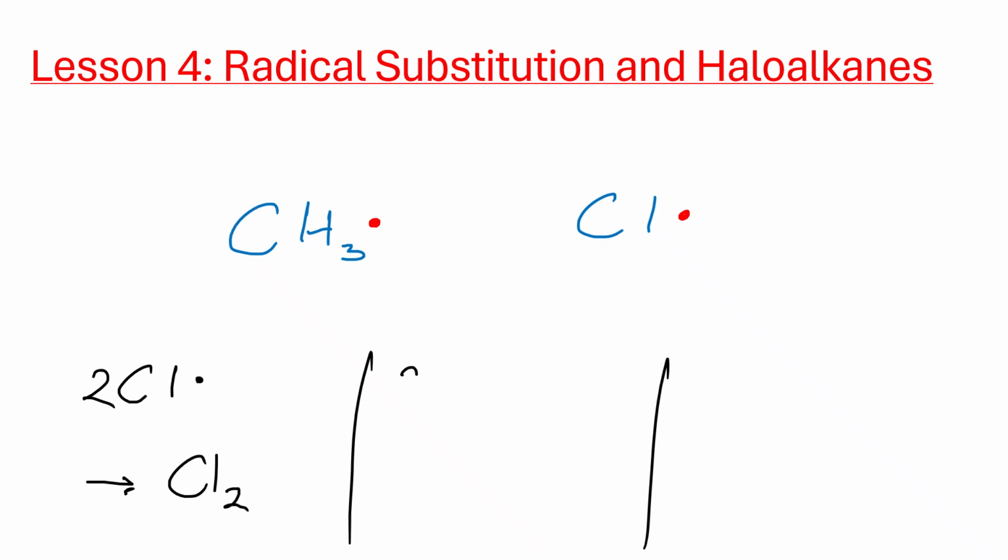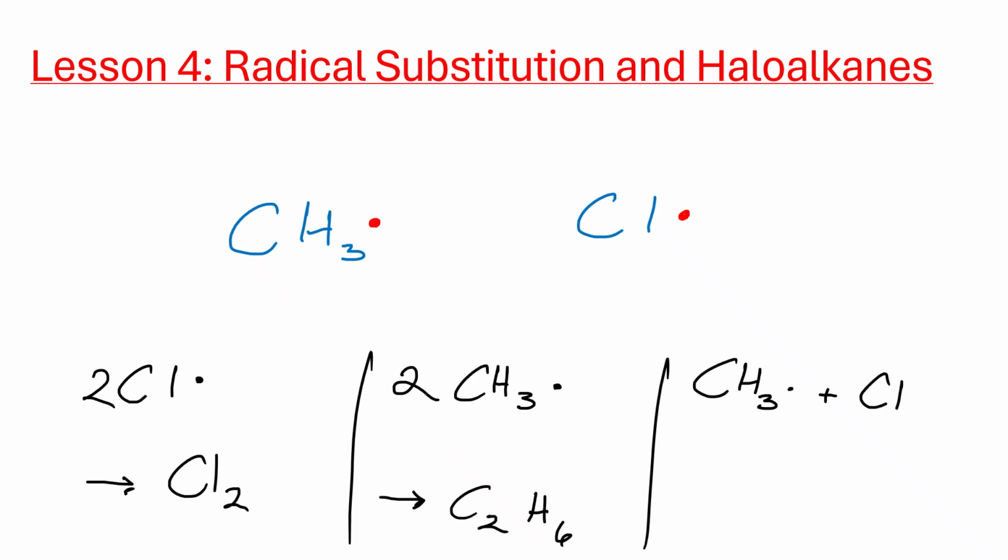Second termination step is with the 2 alkane radicals, which provides us with an entirely new hydrocarbon. And finally, we have a reaction between the halogen radical and the alkane radical, which provides us with our desired product.